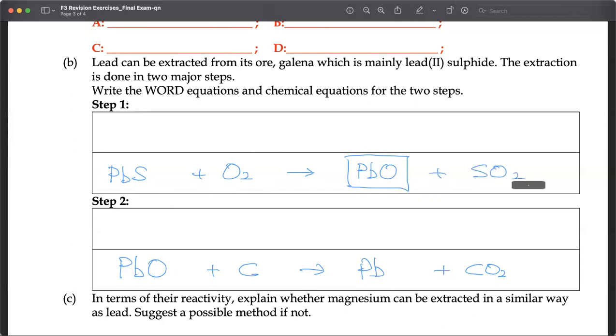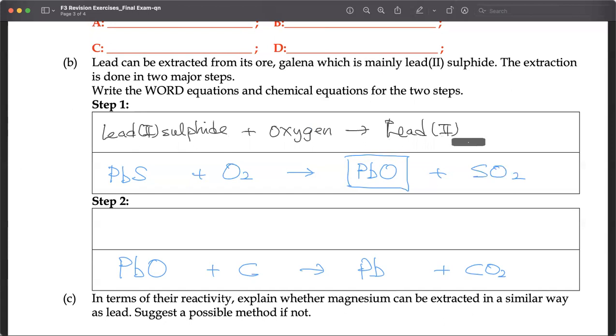I didn't balance the blue one, but if you forget this, we simply need to remember that lead(II) sulfide, when heated with oxygen in the air, will become lead(II) oxide and then sulfur dioxide. So this one you should be able to memorize.